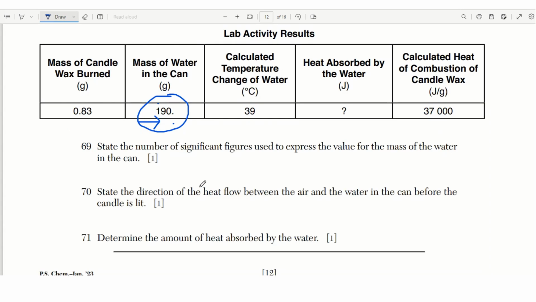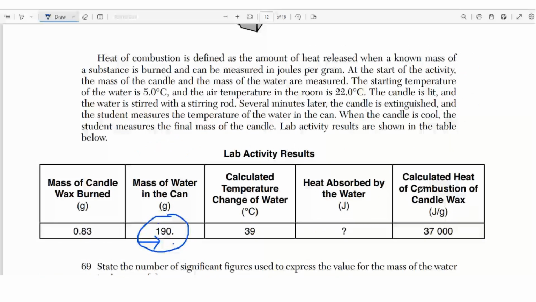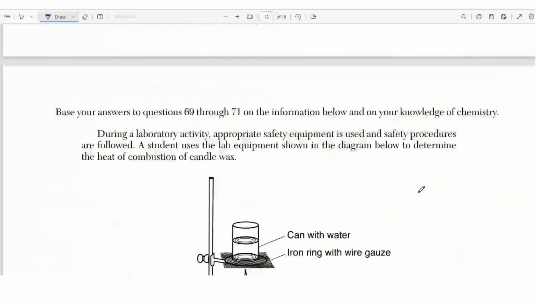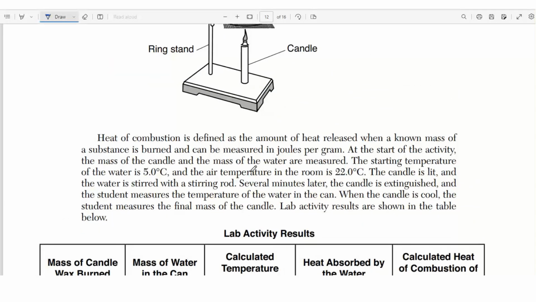All right. State the direction of heat flow. And we're not going to say left, right, north, south. No. Between the air and the water in the can. Okay, so what is the temperature of the water in the can and what is the temperature of the air? So now I'm going to need to go back up here and I'm going to scan. So I see right here the air temperature is this and the starting temperature of the water is this.